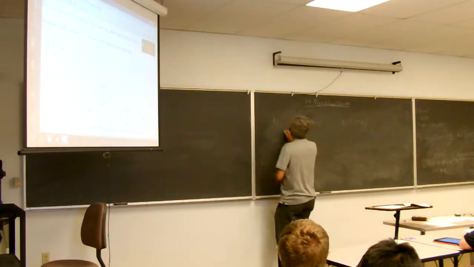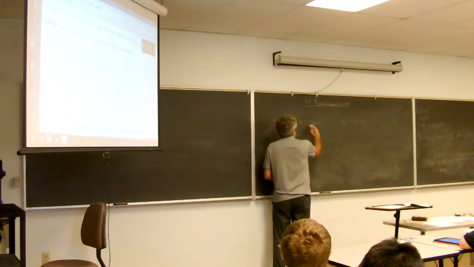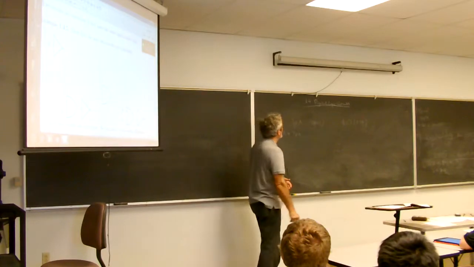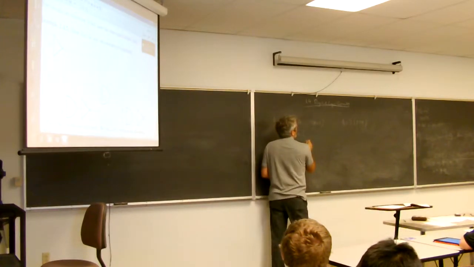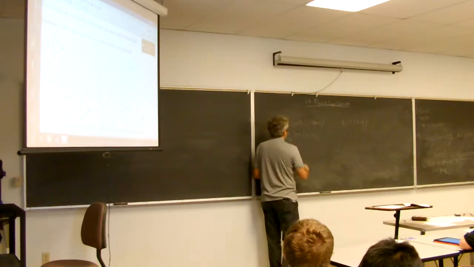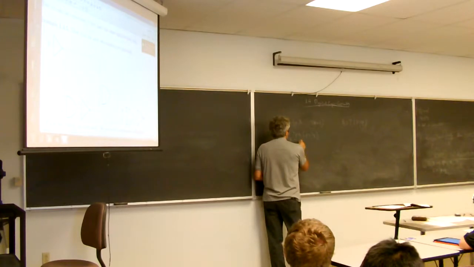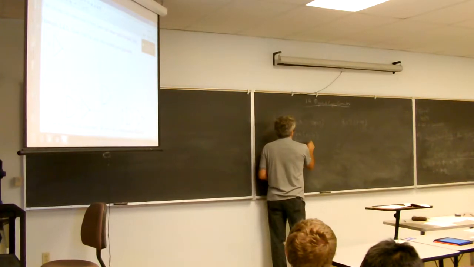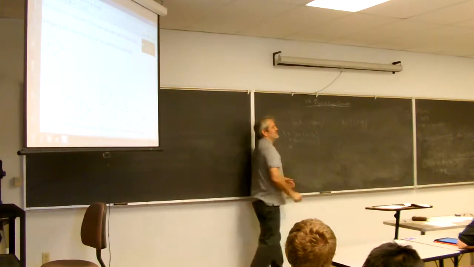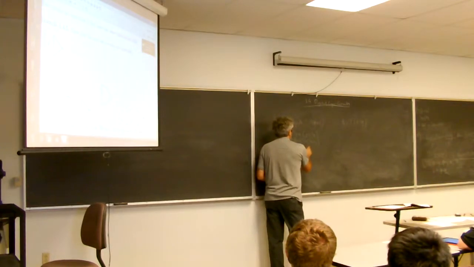Phi 1 is equivalent to not P and, if I go with negation through using De Morgan, what do I get? P or not Q, which is equivalent. Now I want to distribute. I'm going to get not P and P, or not P and not Q. But not P and P is always false. So it's false or not P and not Q.